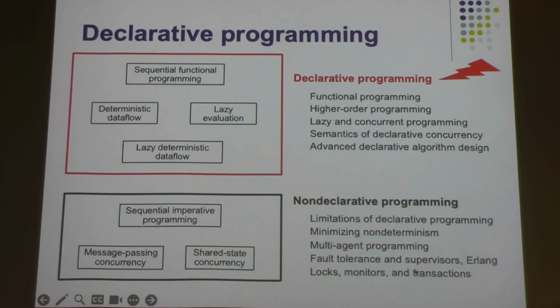And Erlang has a kind of programming pattern structure called behaviors. So all of the complexity of supervisors and fault tolerance is hidden inside the behaviors. So that means the programmer can build robust applications very easily.